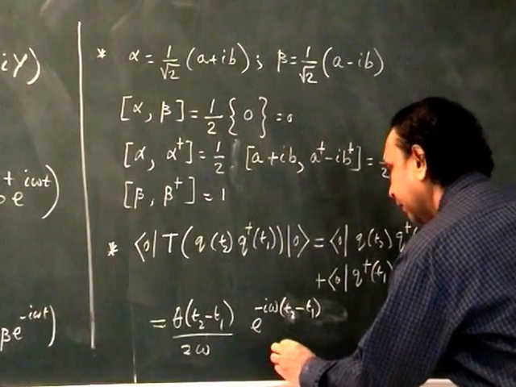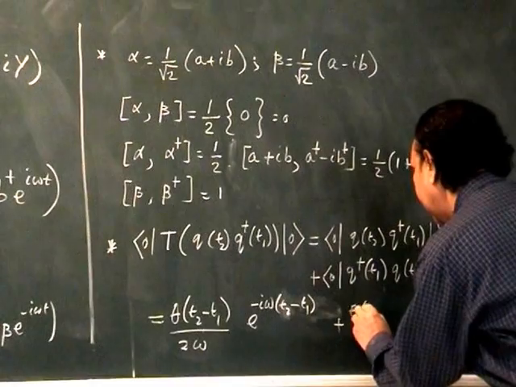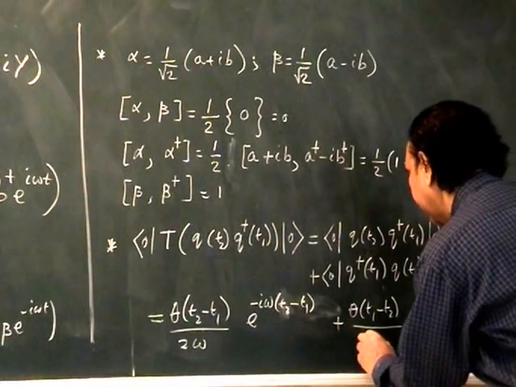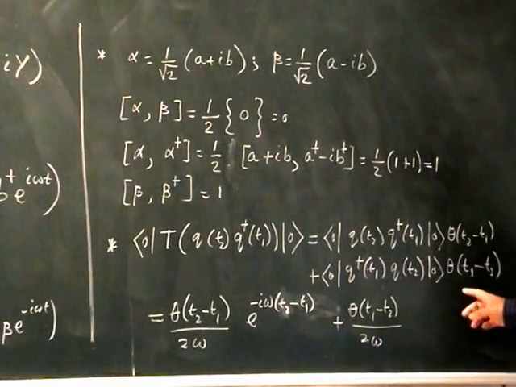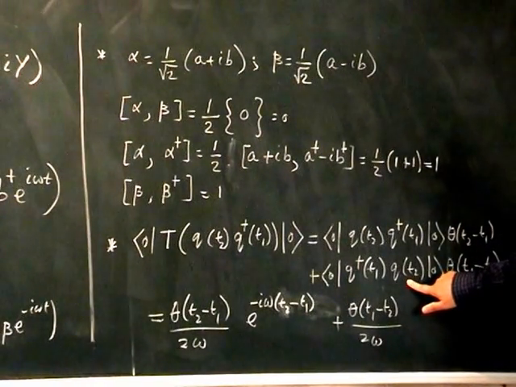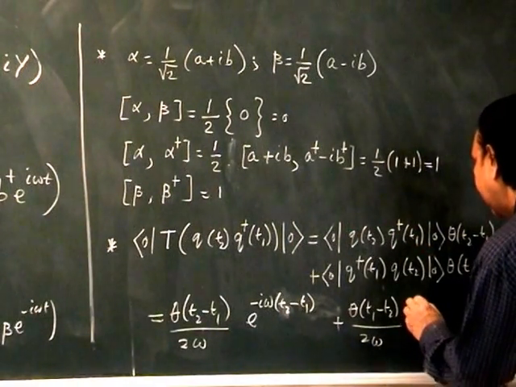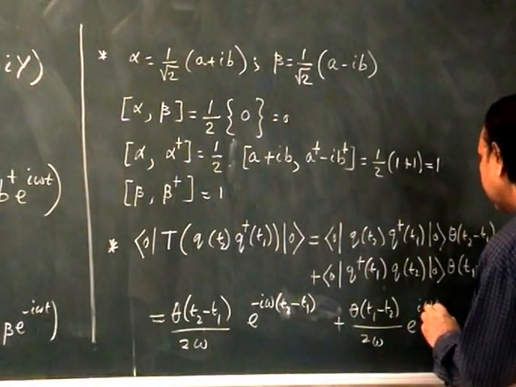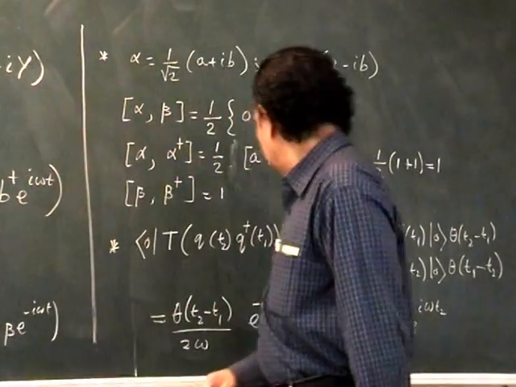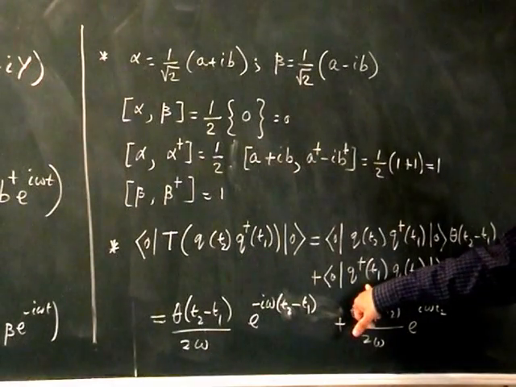Then I am going to get theta of t1 minus t2 divided by 2 omega. Okay? So what will this be? Here it is Q of t which is acting. So there is a beta kind of excitation which is coming up. So that will have e to the I omega t2 coming from this term, evaluated at t2. Then I am going to have a Q dagger.